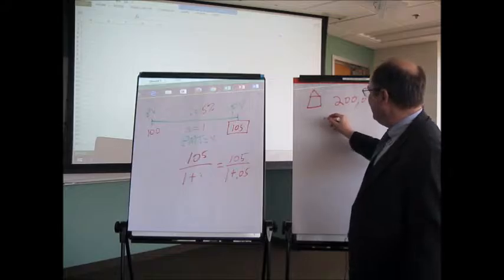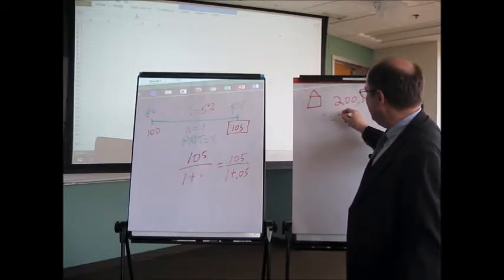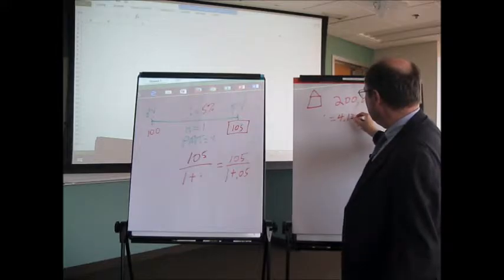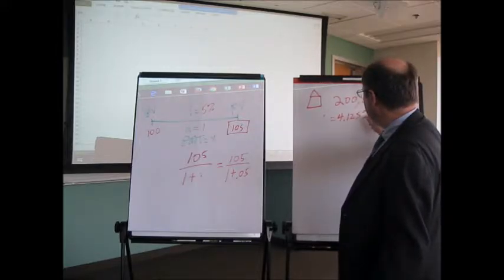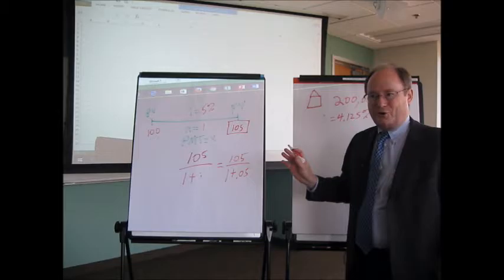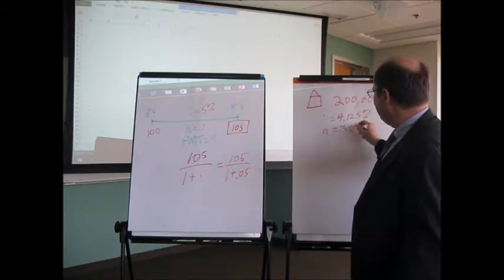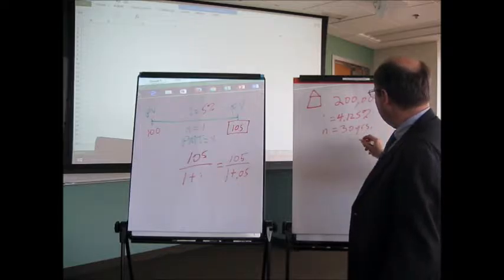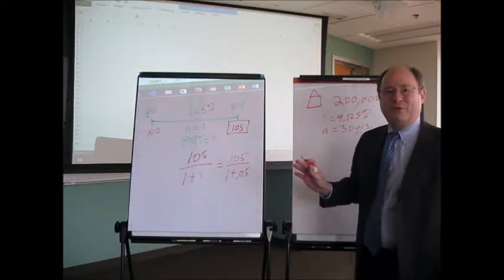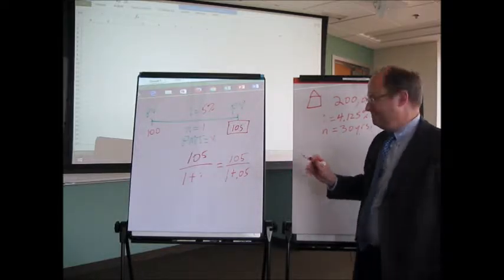Okay? The interest rate is going to be 4.125%. The term is going to be 30 years. And we need to figure out the payment.